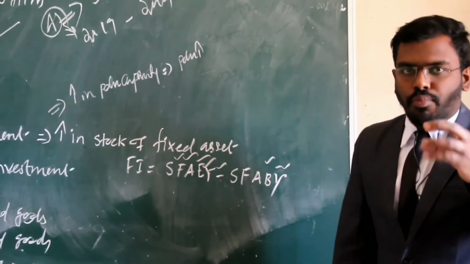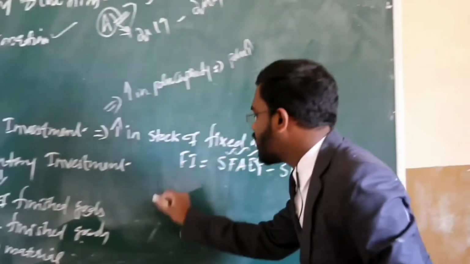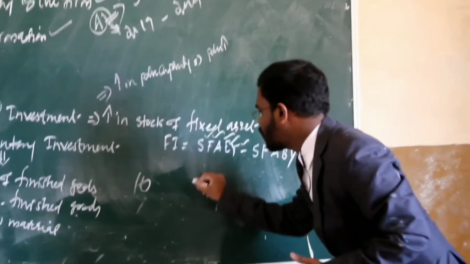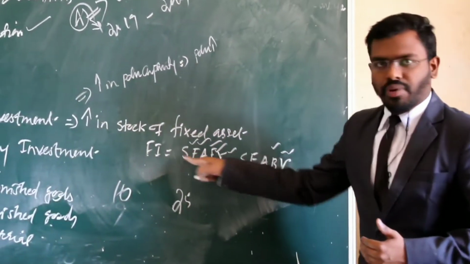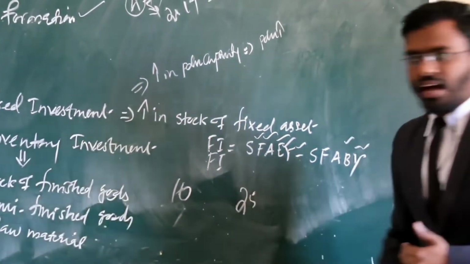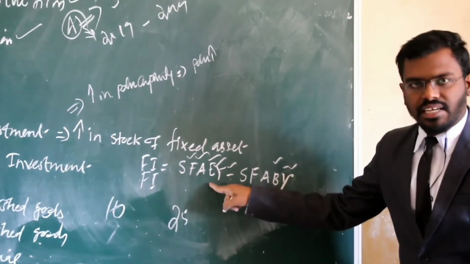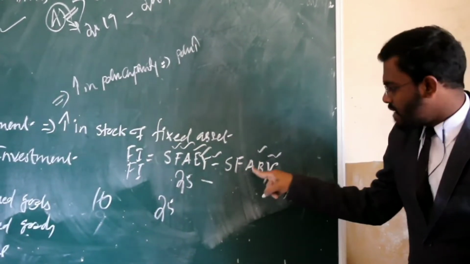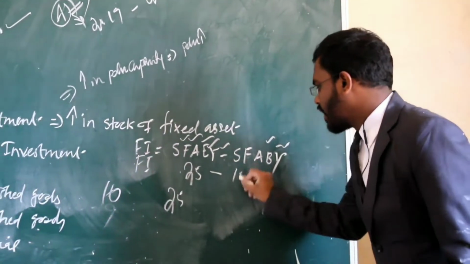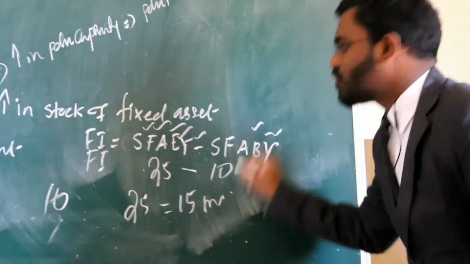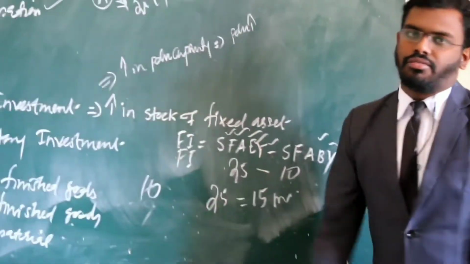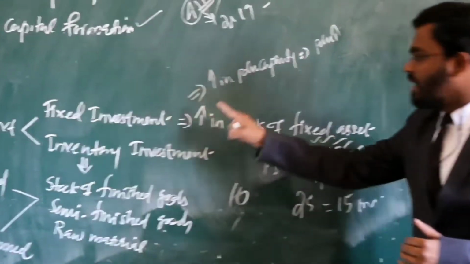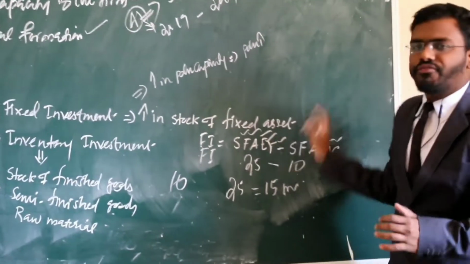For example, if a producer started his business with 10 machinery, and at the end of that financial year his machinery became 25, then as per this formula, fixed investment is stock of fixed asset at the end of the year, that is 25, minus stock of fixed asset at the beginning of the year, it is 10, that is equal to 15 machinery. So 15 machinery is fixed investment. Understood? So fixed investment means change in or increase in stock of fixed asset.